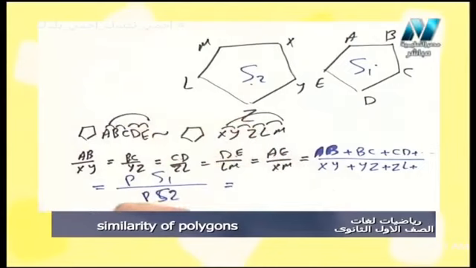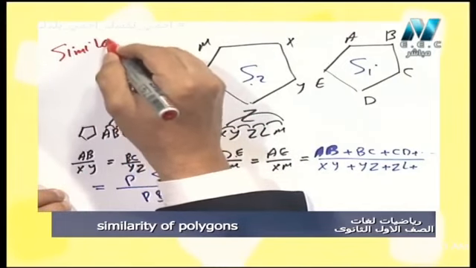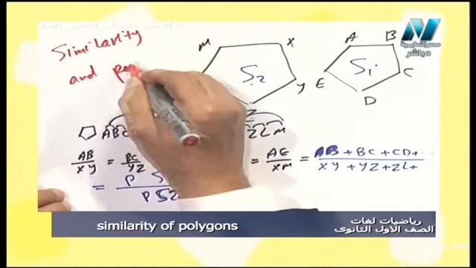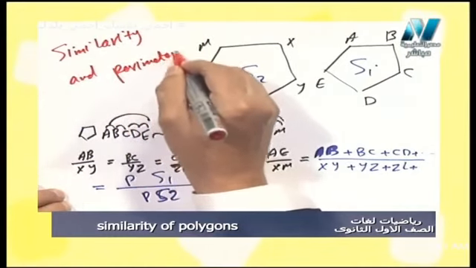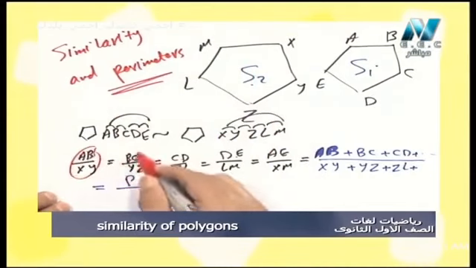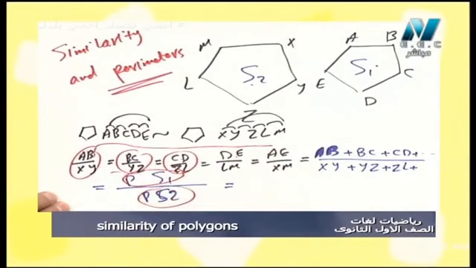We can call it similarity and perimeters, that we deduce that each ratio of these equals the perimeter of the first one over the perimeter of the second one. Okay, let's move to another example.